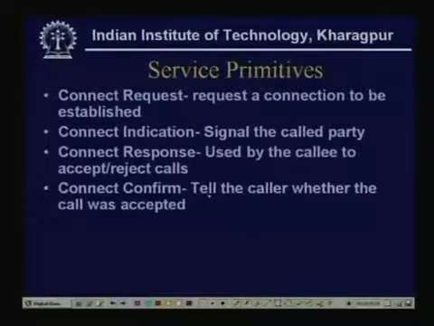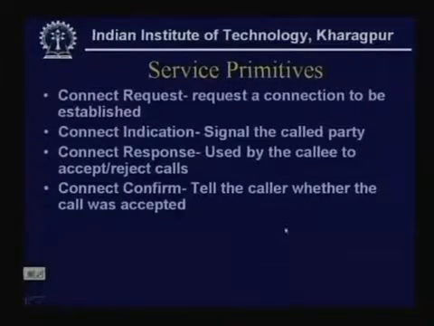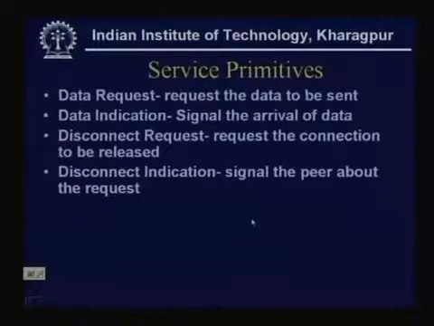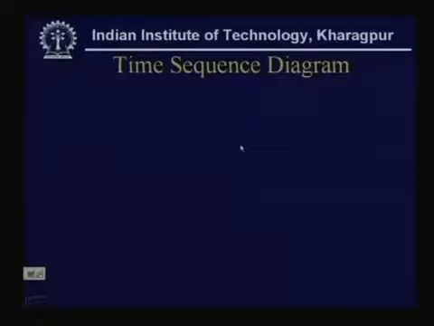Then you have got data request, data indication, disconnect request and disconnect indication. These are the service primitives that have to be used in connection oriented service. Let me explain with the help of a time sequence diagram how it really occurs.